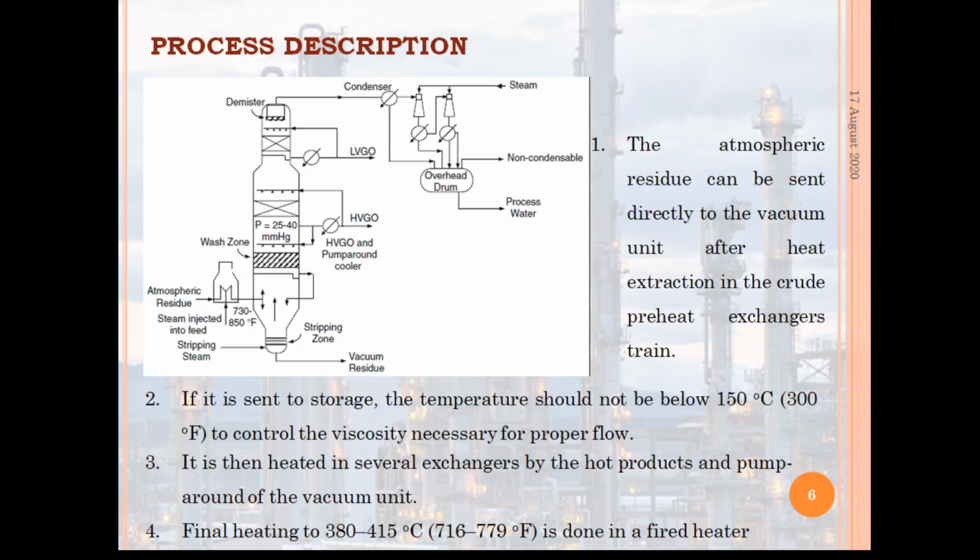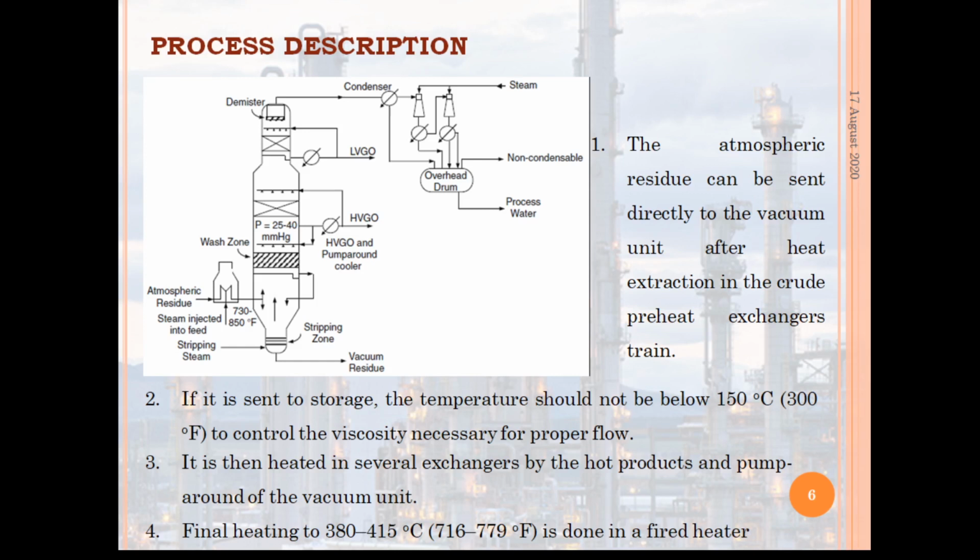Next is the process description for this vacuum distillation unit. Here we can see that before the vacuum distillation unit, there is a furnace where the atmospheric residue passes through the tubes built into the furnace to raise the temperature to 340 or 380 degrees centigrade.